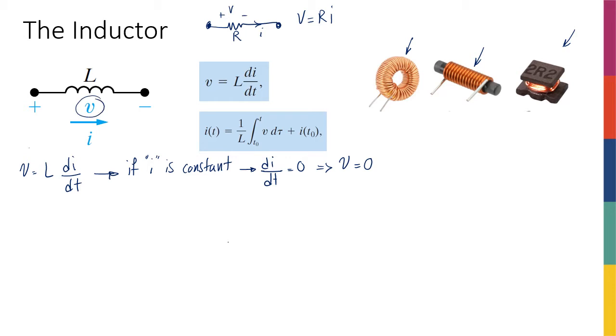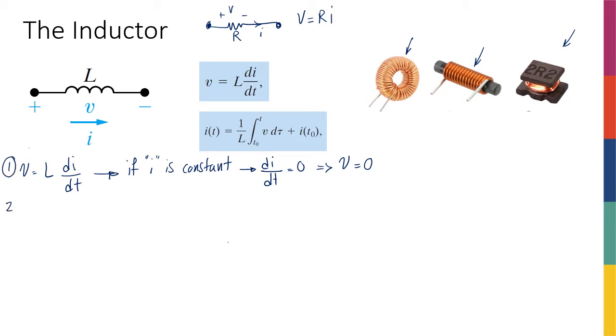So it's the self-inductance that causes this voltage, and the self-inductance really comes from changes in the current, not the actual magnitude of the current. So you need some sort of a varying current to have a voltage across the inductor. Okay, so that's the first observation.